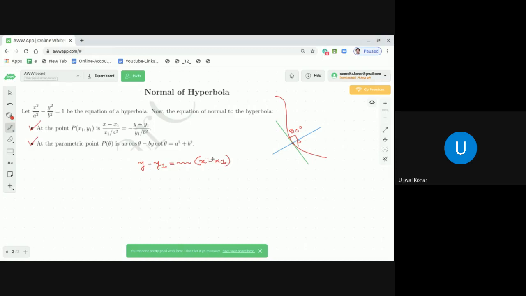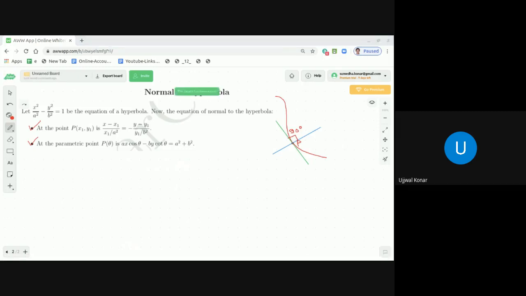So the value of m for normal should be minus 1 by m, that is minus 1 by slope of the tangent. So from here also you can find it out. Correct, dear students? So if you are not able to recall by any chance, that is how you can leverage the equation of the tangent to find the equation of the normal.